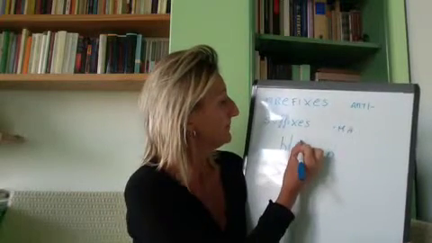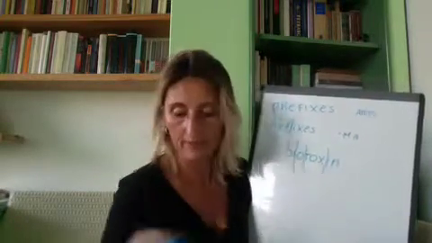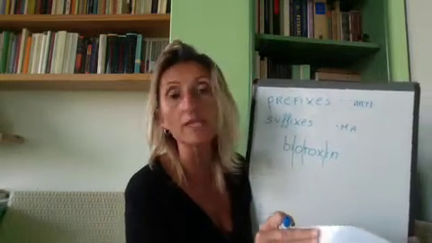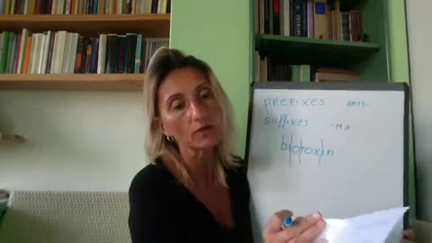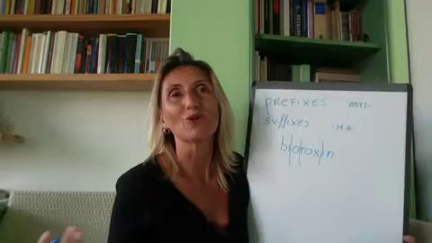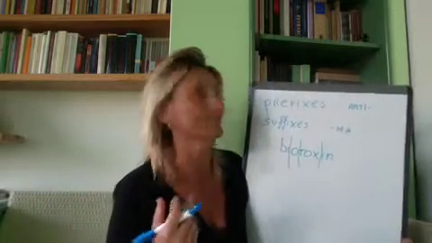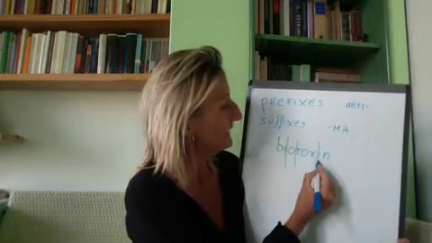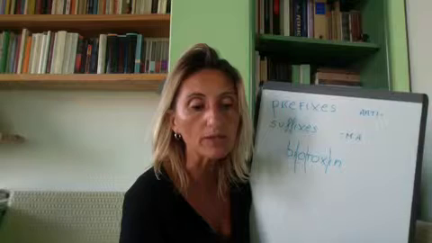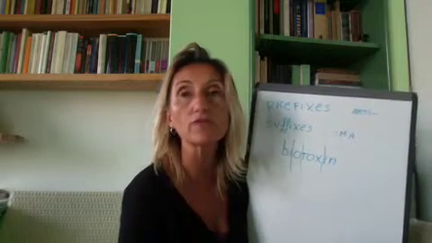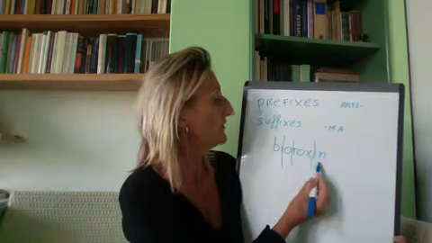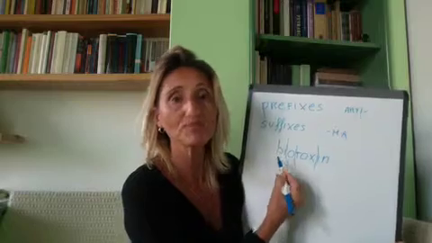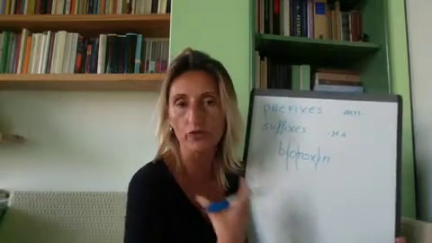The word toxin, tox, let's see if it is in this chapter. Tox, yes, that means poison. Look at page 8. It means poison, and you already know because of toxic, a word with which you are probably familiar. Then you have the suffix in at the end of the word. Look at page 6. In forms names of substances. So it's a substance poisonous to life. So something that is poisonous to life.